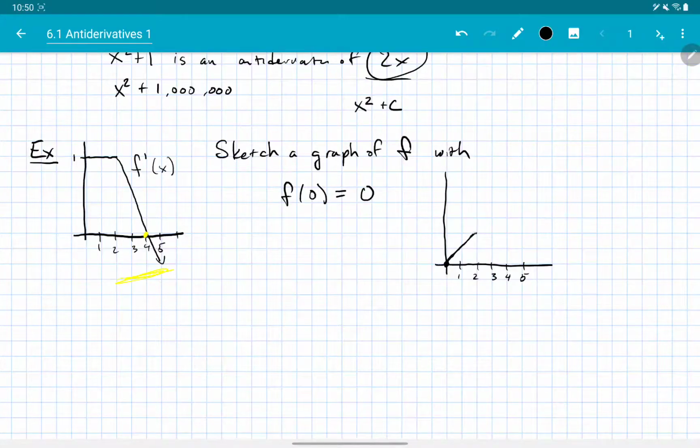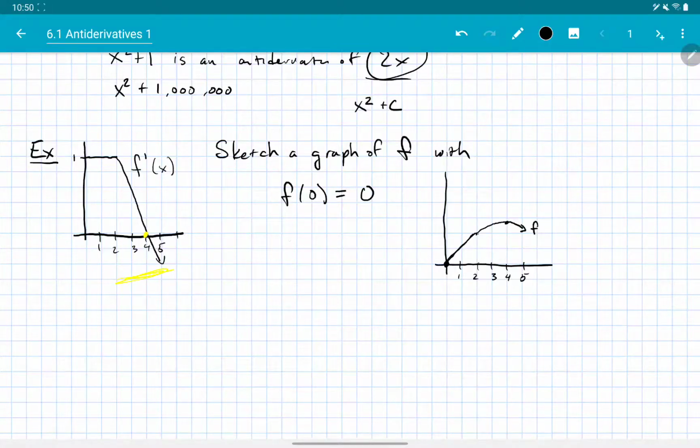Our slope is 1 here, but our slope needs to decrease and top out at 4. We have to have a maximum at 4, given that f prime of 4 is 0. So this is an example of such a function f, a function whose derivative looks like the first picture on the left.